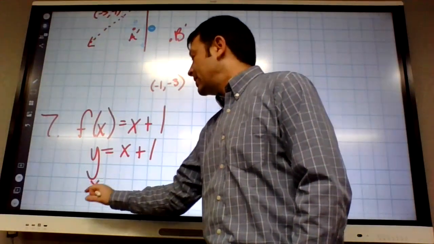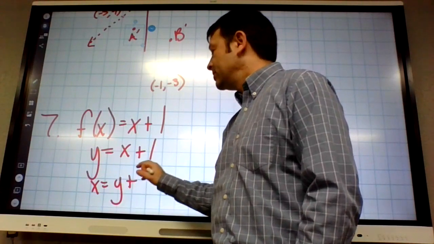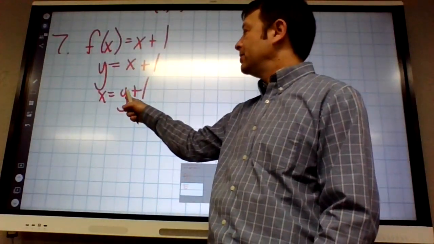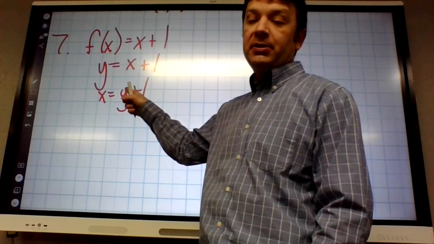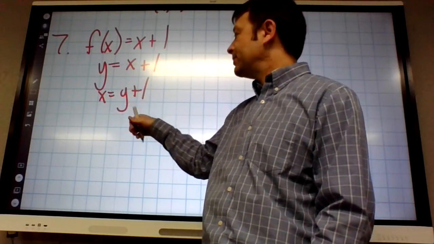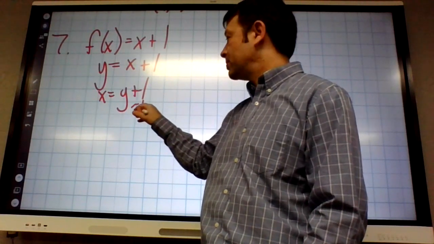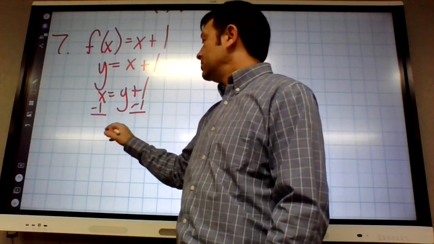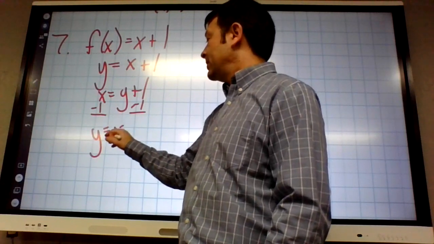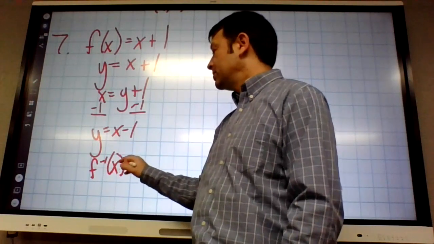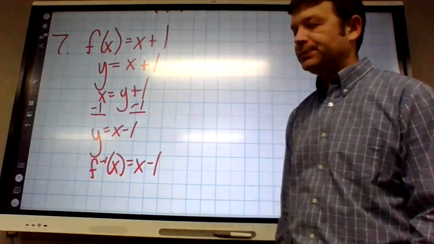So it's x equals y plus 1, and then just solve this for y. How do I solve this for y? Minus 1. So y equals x minus 1, or you could say f inverse equals x minus 1.